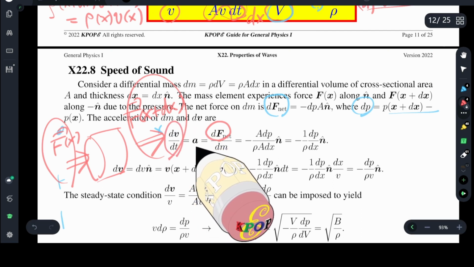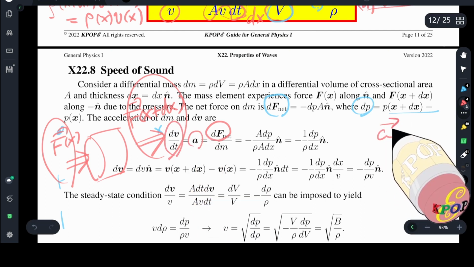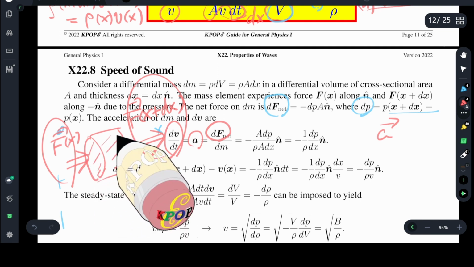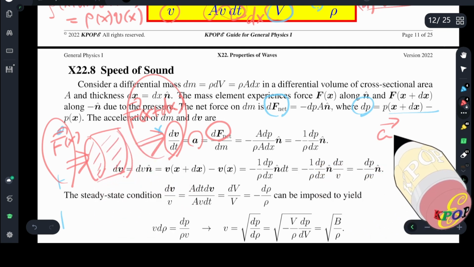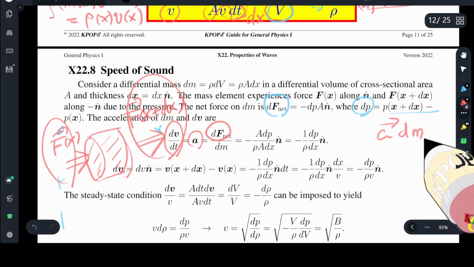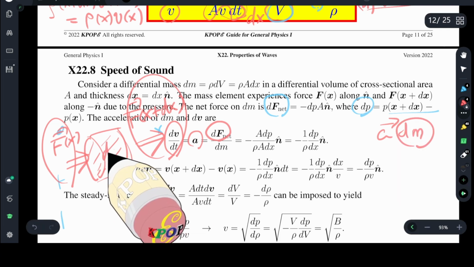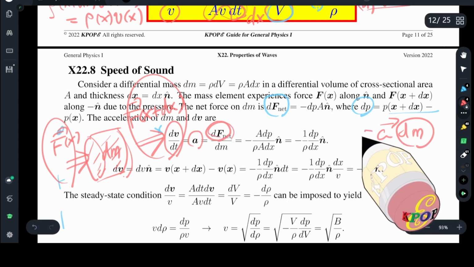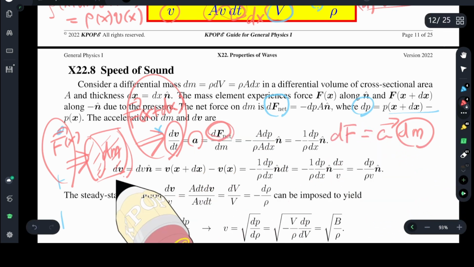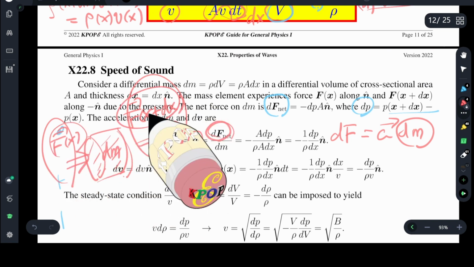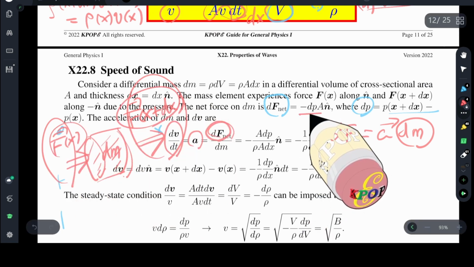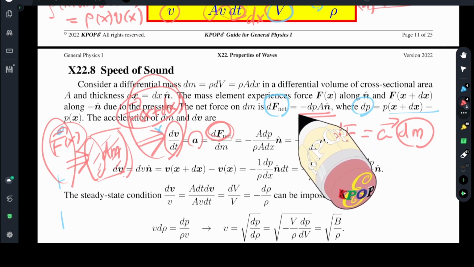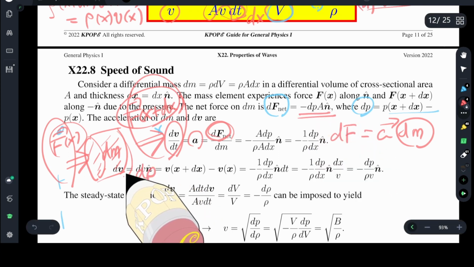This is acceleration. Acceleration is to be multiplied by the mass contained in the cylindrical container. This is the mass dm in here. That equals dF, the difference, and that difference is area times dp.